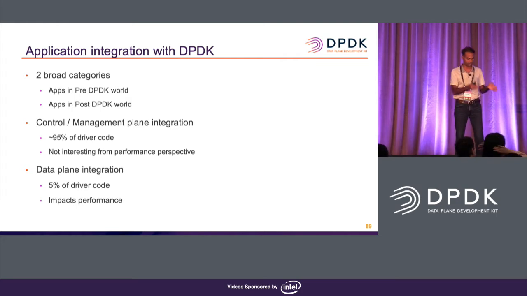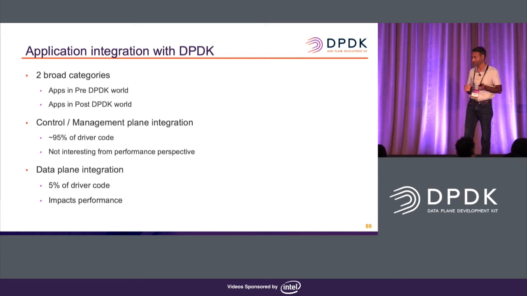One is the control management plane, which involves configuring the device, querying the link status, querying the statistics, etc. Today that forms around 95% of the driver code, and that's not very important from a performance perspective. Then you have the data plane integration where you receive the packets from the NIC and do packet processing. Today that forms probably 5% of the driver code, but that matters 99% of the time in terms of performance.